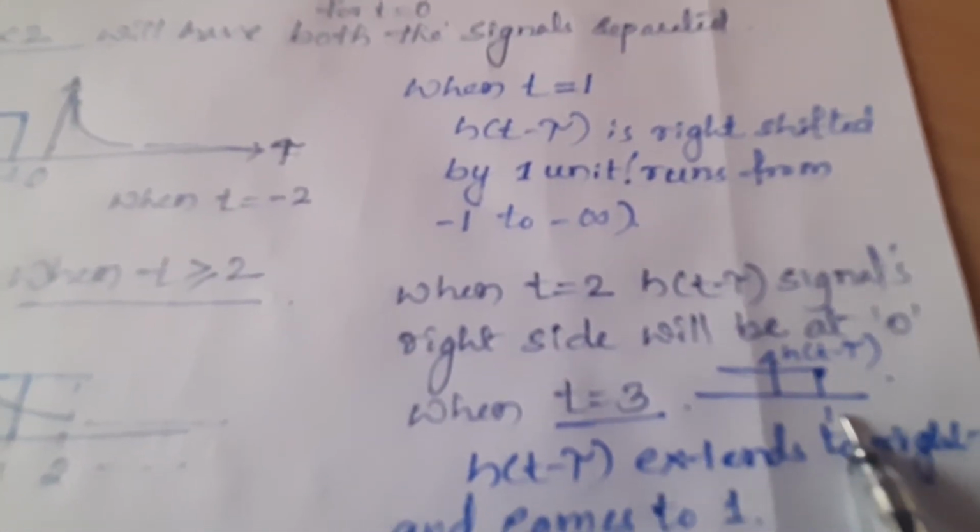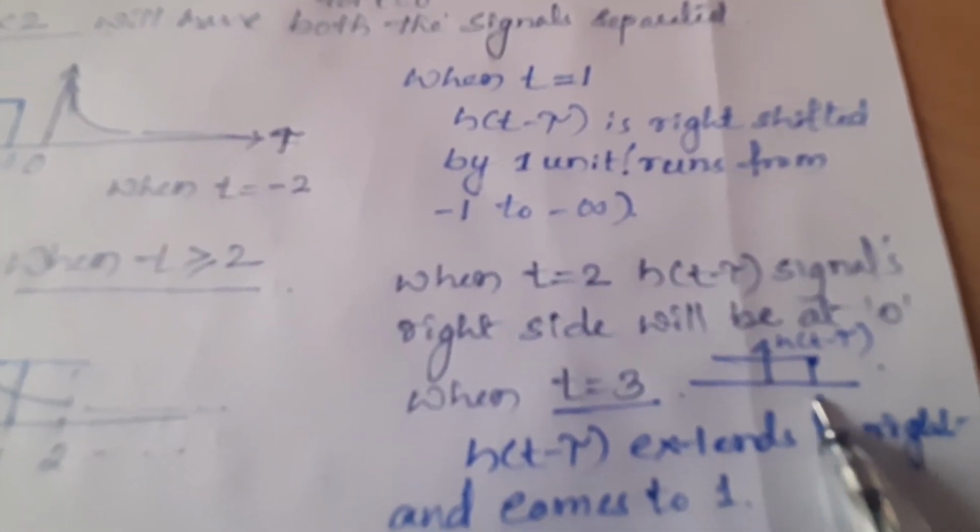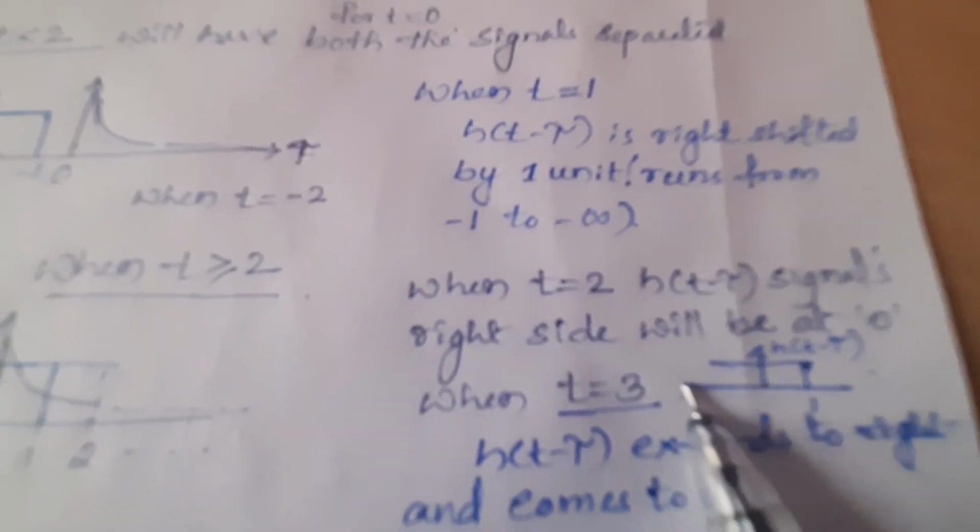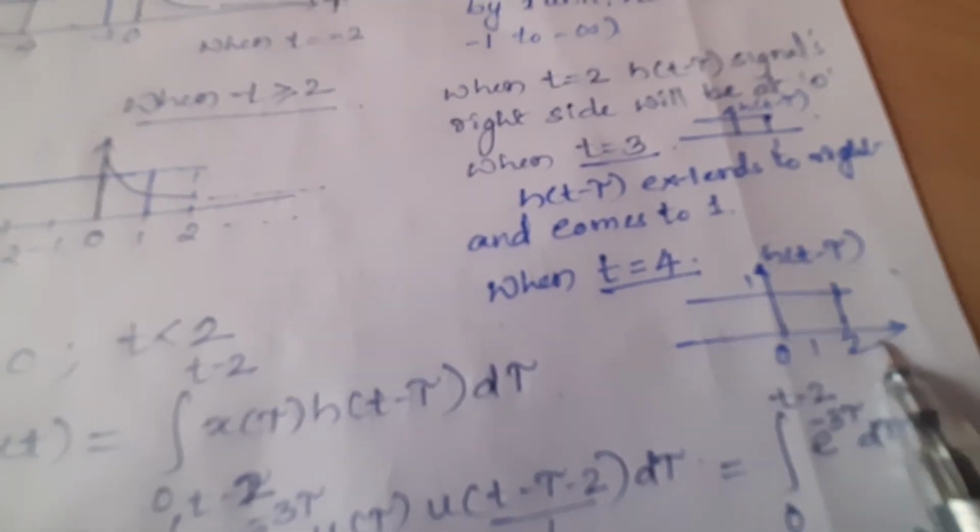So it comes to 1 on the right side and ends at minus infinity. Then when we take the value of t as 4, the signal would be coming 4 units onto the right.